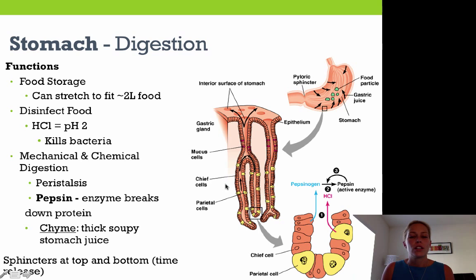So your stomach has a pretty cool adaptation in which it has a protective lining, so that even though we have an extremely acidic substance sitting in the stomach, that acidic substance is not actually going to eat through the stomach lining.